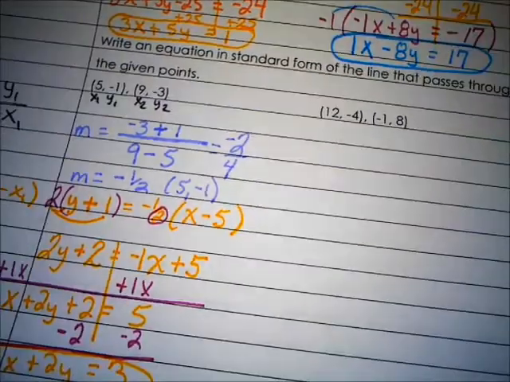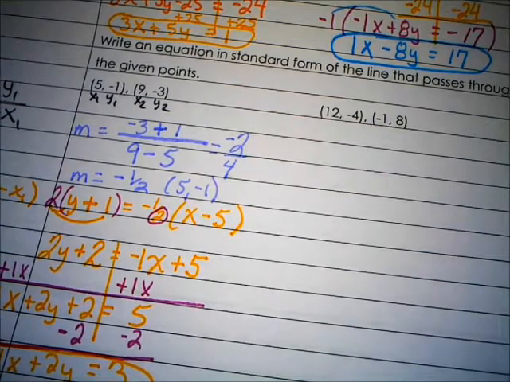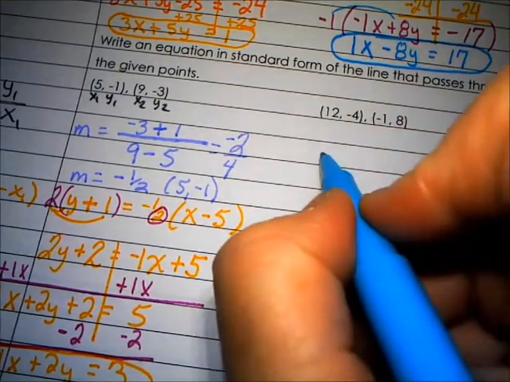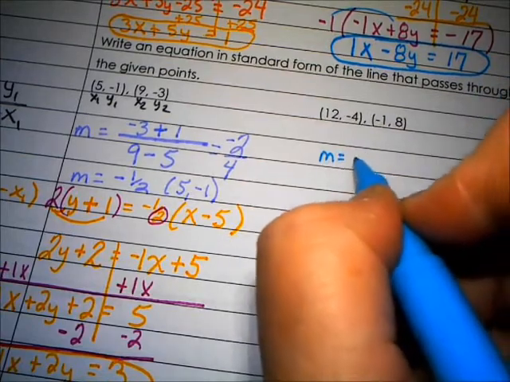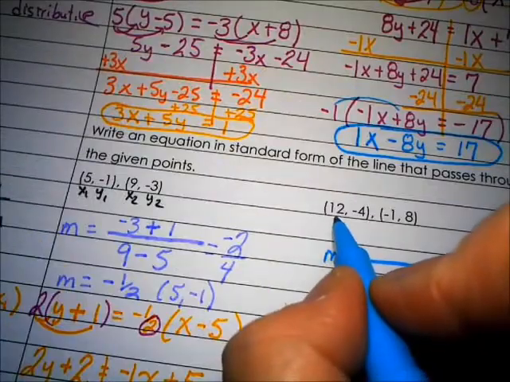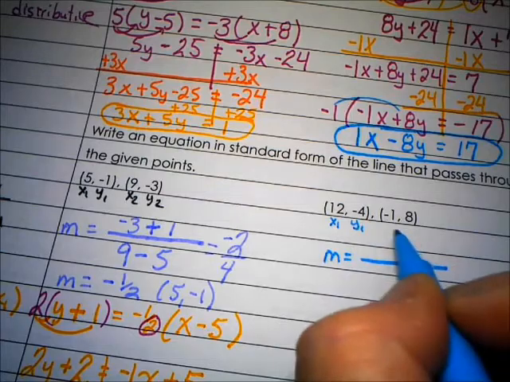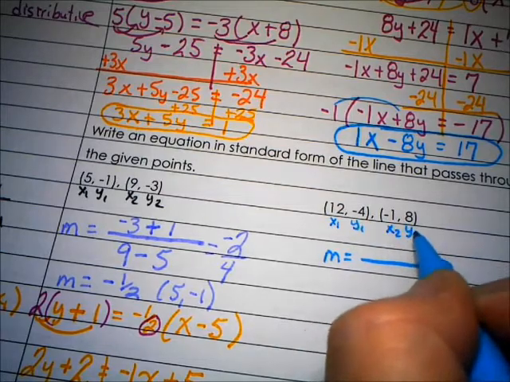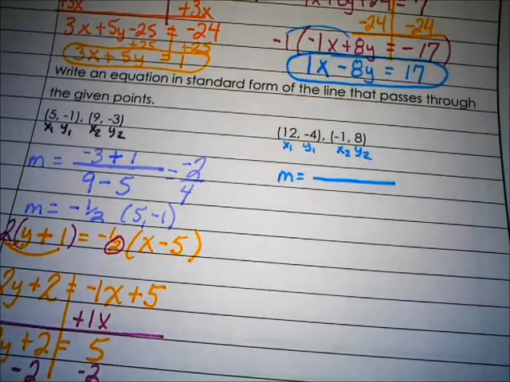Okay, we're going to repeat the same process. Have to first find slope. We'll label my coordinate x1 and y1, x2 and y2. Write your formula. Fill it in.